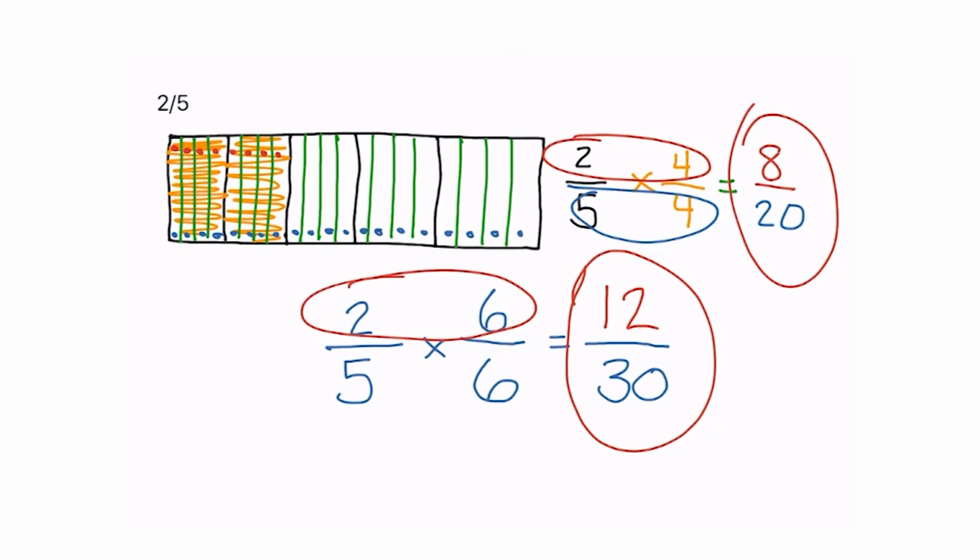You have a way to do it with a picture model. You have a way to do it with an expression using some multiplication. So remember the steps. For the picture model, you're going to draw the original fraction. You're going to break it up depending on what you want to multiply it by. Then you're going to have to count out in the picture the new numerator and denominator.